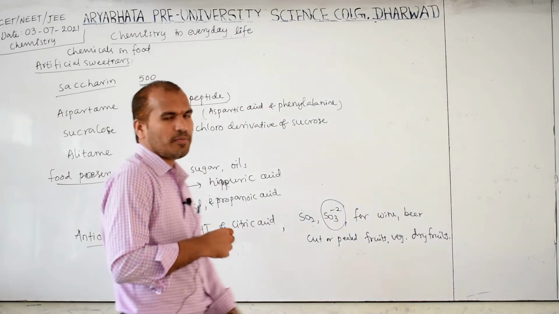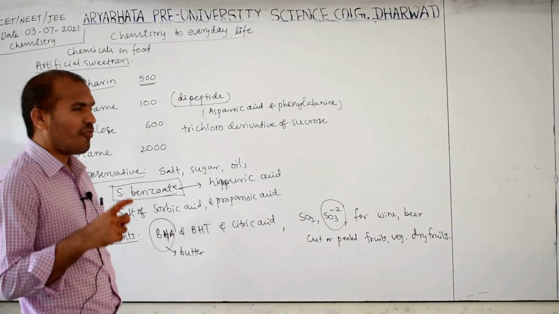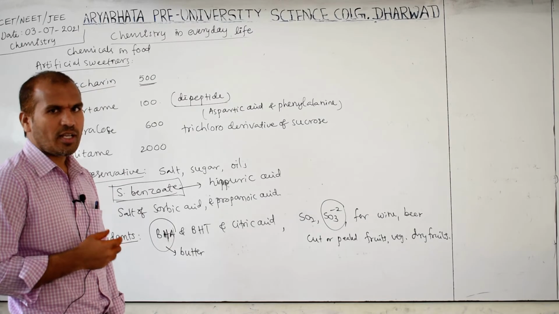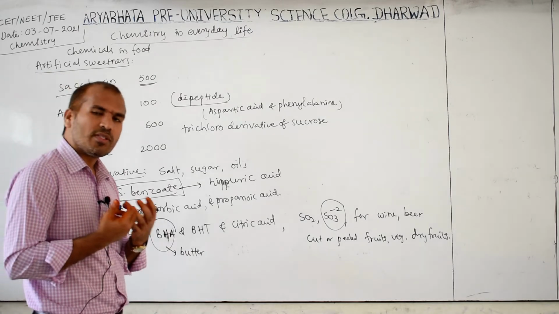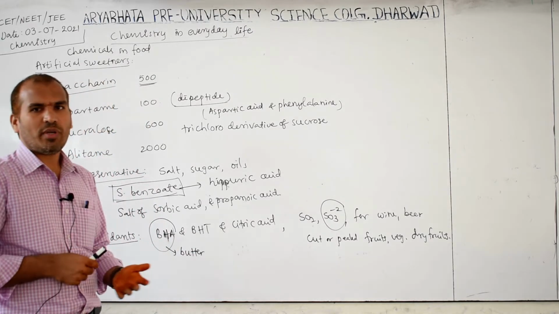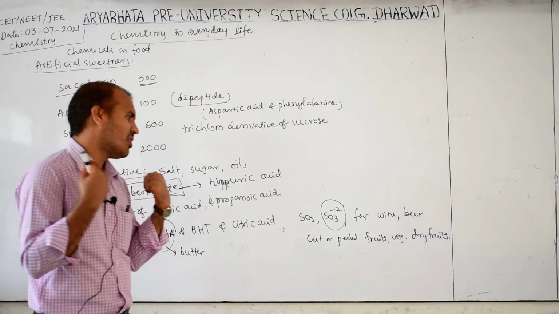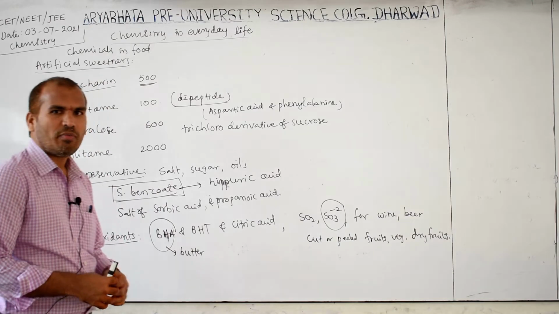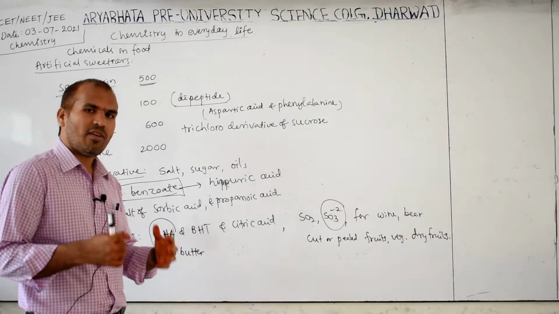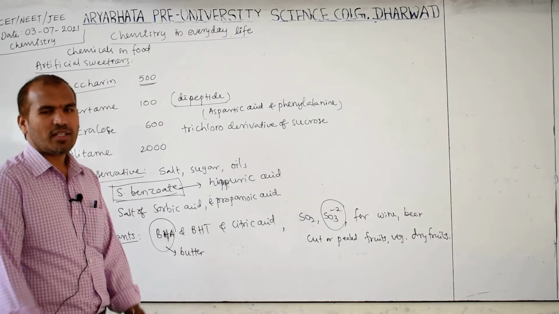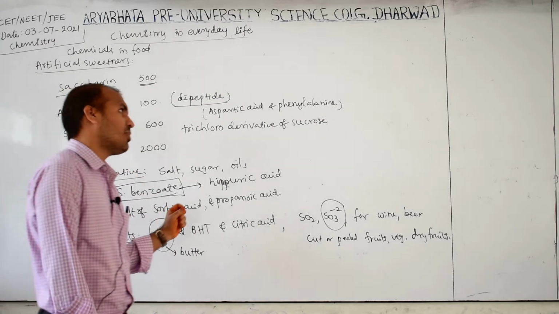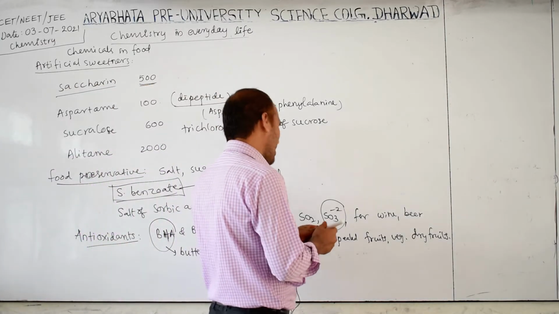Some are fat stabilizing agents, some nutrition valued substances also are there, vitamins, minerals like this, but very rare. Nowadays everything is totally mixed with some other substance, and our health is going to be spoiled. That's why try to take proper food. That is also very important.